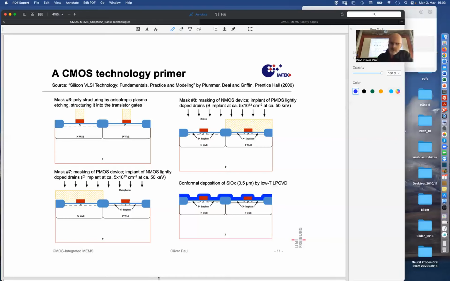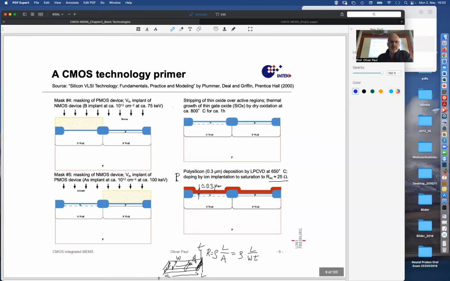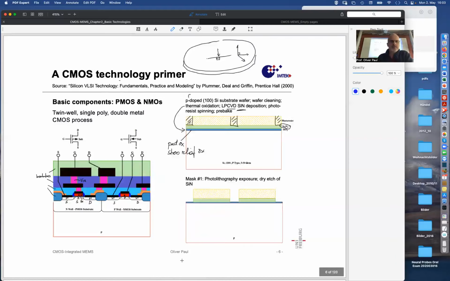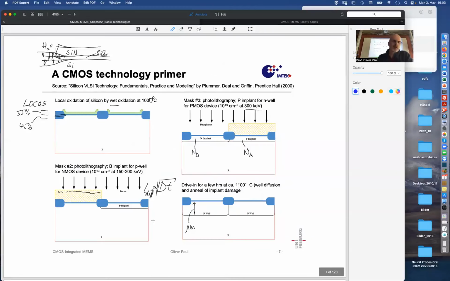So we have been studying last time this process sequence that started with some low-cost process, I recall, with the definition of the two wells, the N well and the P well, that will later receive the PMOS device on the left and the NMOS device on the right.